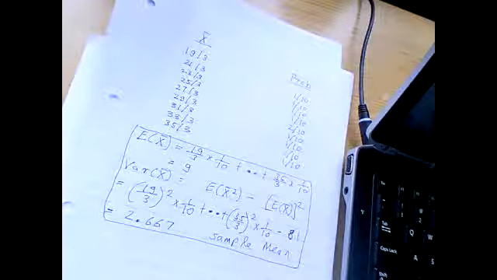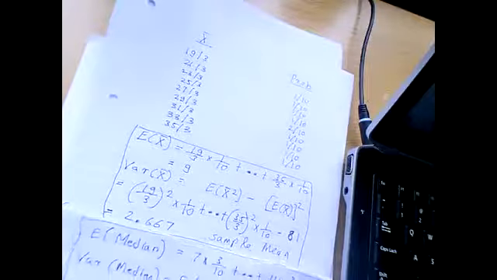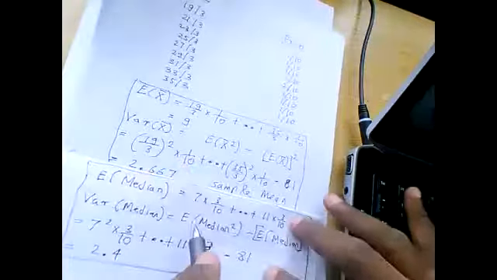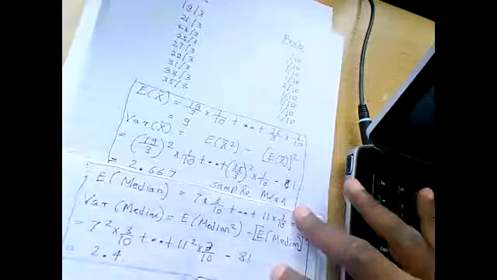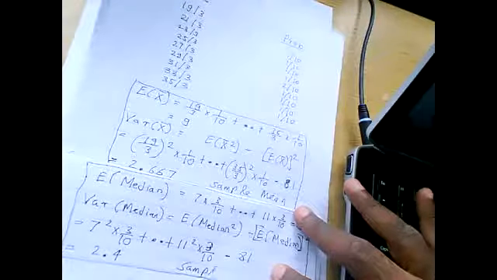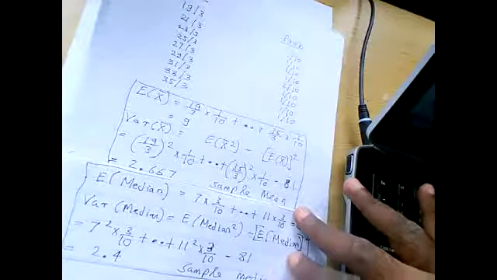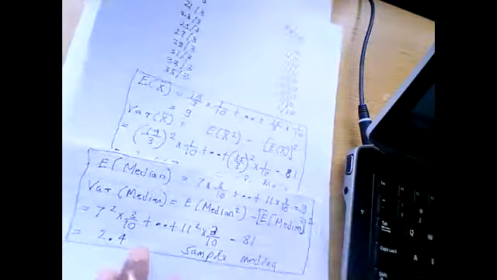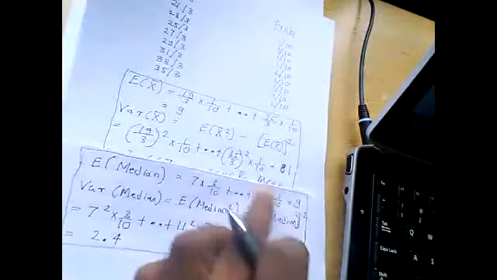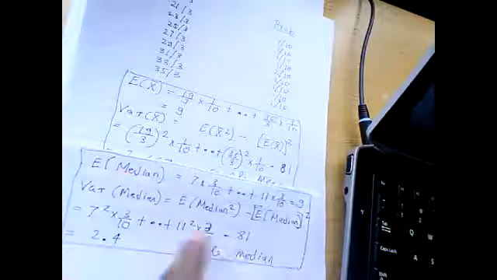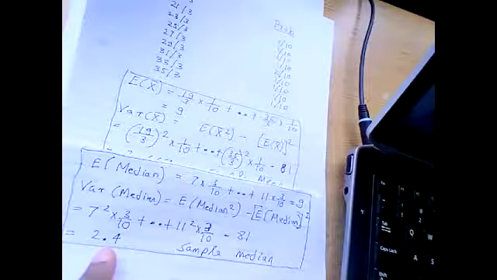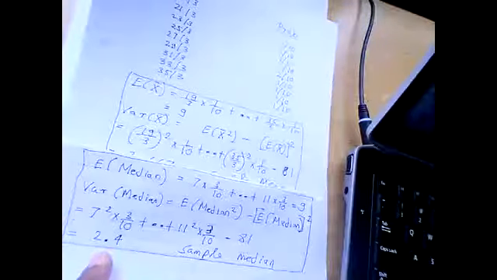And when we deal with the sample median, we are getting the expectation to be 9 and the variance to be 2.4. So you see the difference.